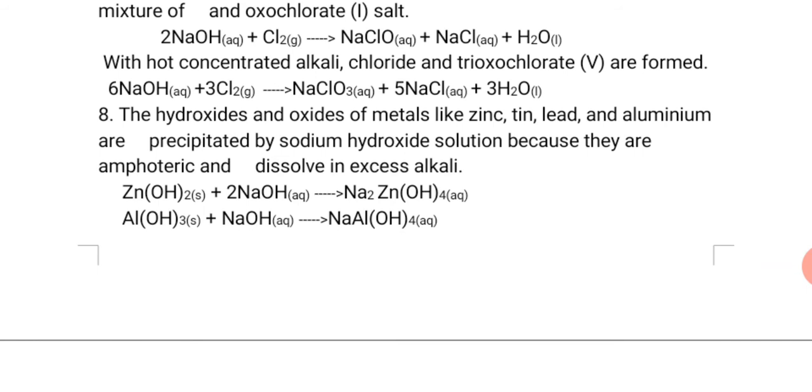Zinc hydroxide plus sodium hydroxide to give sodium zincate, which is Na2Zn(OH)4. Aluminium hydroxide plus sodium hydroxide to give sodium aluminate, which is NaAl(OH)4.